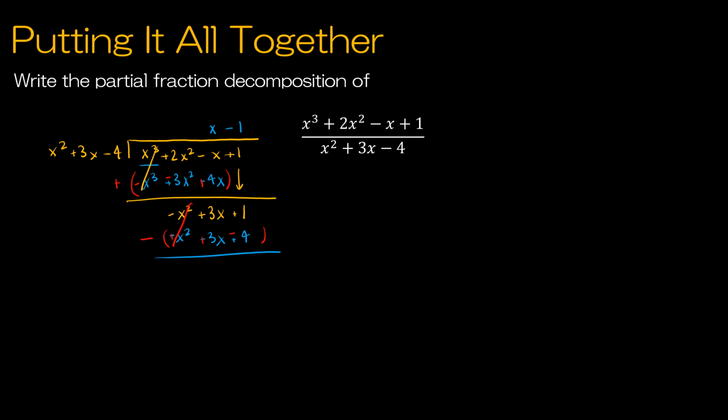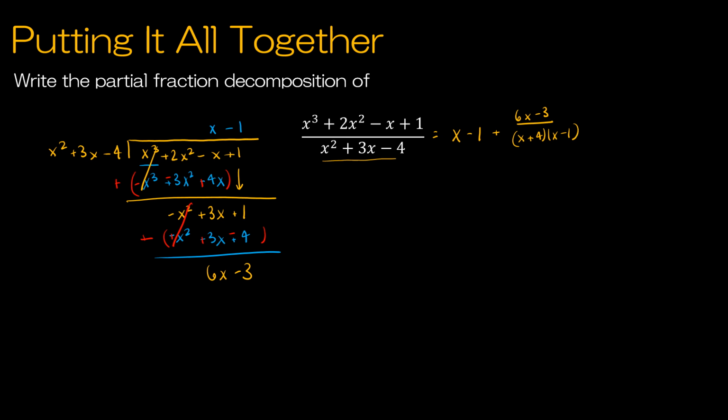That leaves me with 3x plus 3x, which is 6x, and positive 1, and negative 4, which is minus 3. So essentially what I'm saying is I can rewrite this as x minus 1 plus 6x minus 3 divided by, and let's go ahead and factor this denominator, which would be x plus 4, x minus 1.